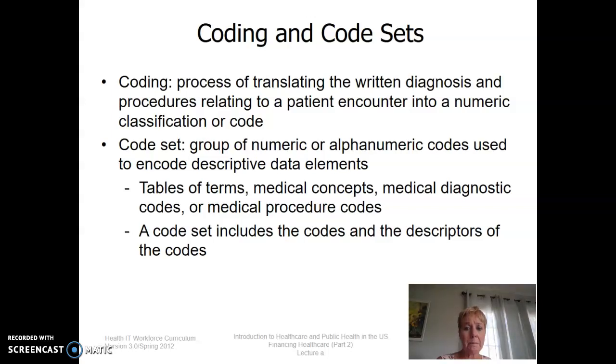A code set can be a group of numbers or a combination of a letter and a number used to encode data elements. So they'll have a table of terms, concepts, diagnoses, and procedures for that. And it's really important for that to be done.